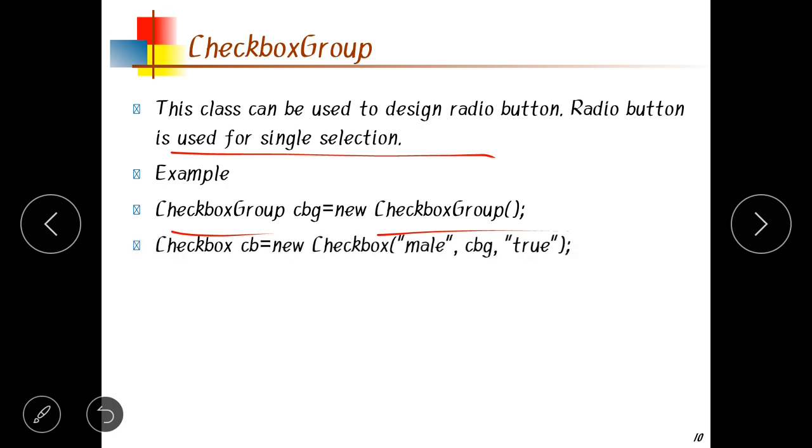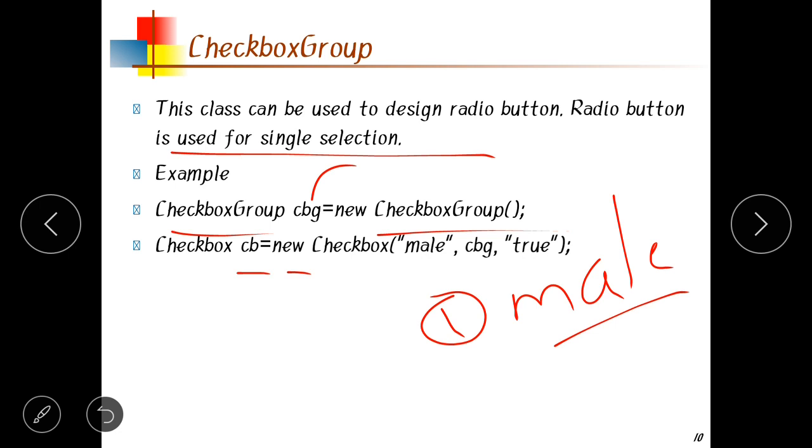For example, a checkbox cb is a new object of the class Checkbox, new Checkbox with the name mail, and after that it will be selected like this, and the name of this checkbox will be mail, and always this will be selected.